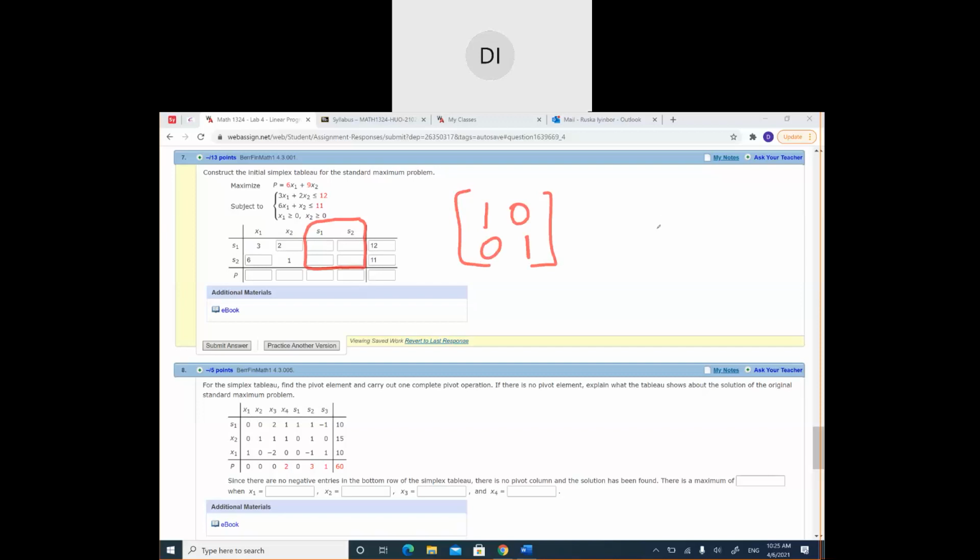If it's 3-dimensional, if you have 3 inequalities, it's going to be 1, 1, 1 on the diagonal, and 0, 0, 0, all zeros around. So this is the unit matrix for 3-dimensional matrices. And then you're just going to put the numbers. So you have 1, 0, 0, and 1. And that's it. That's how you set up the second part here. And then in the last row, the last one here is going to be from P.